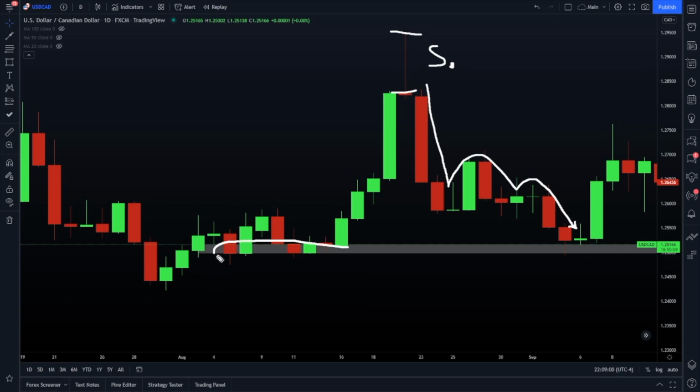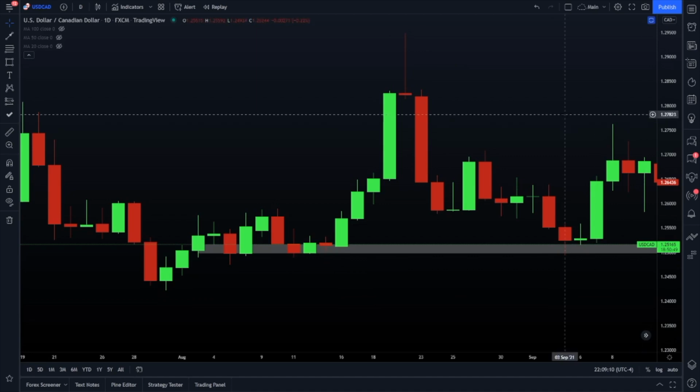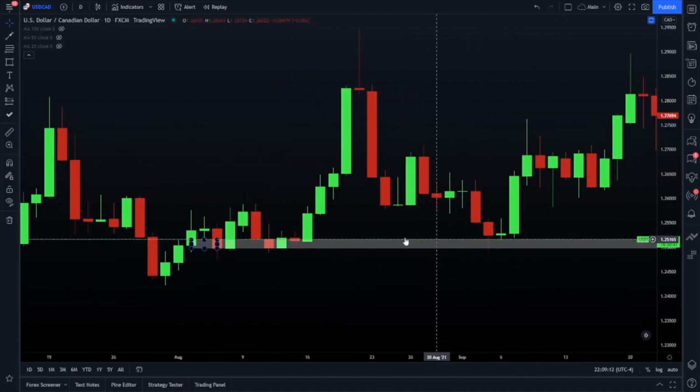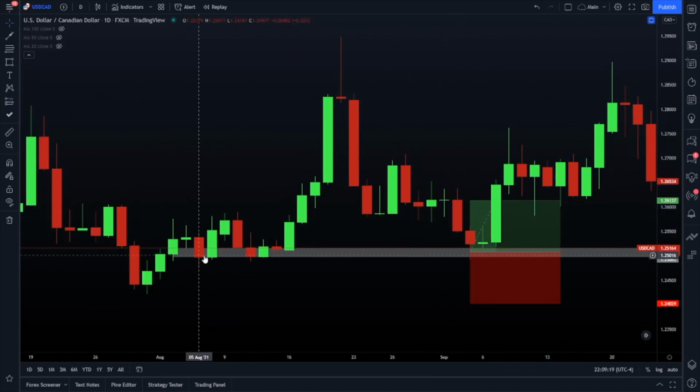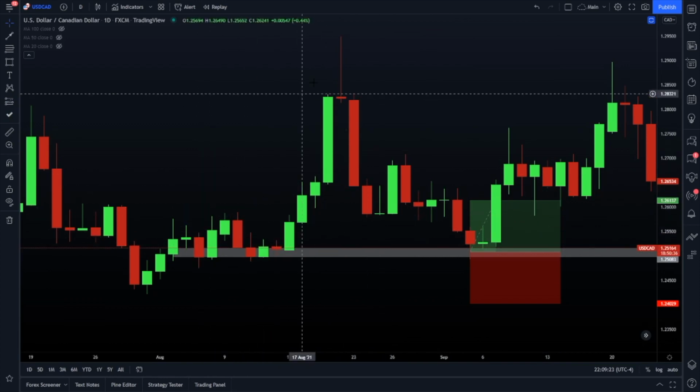Remember, this area is demand. Price comes back to demand, and what does it do? It rallies again. And so understanding what the market is telling us at this area could have potentially set us up for a trade, okay? So this is how we are going to use price action at these major levels of demand and supply.